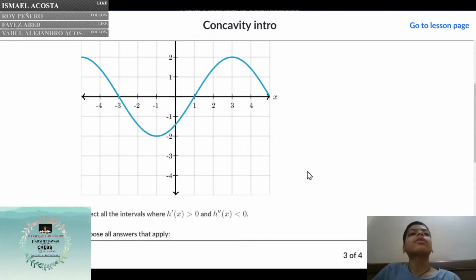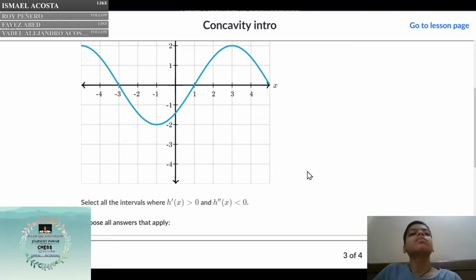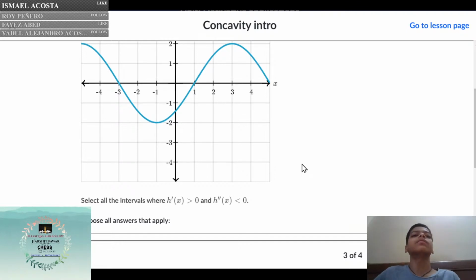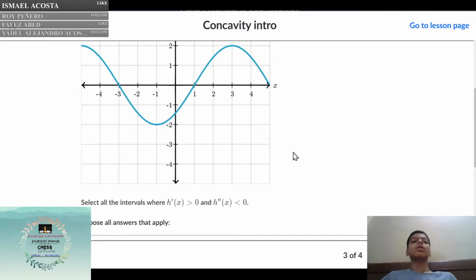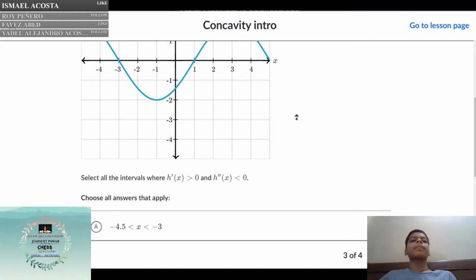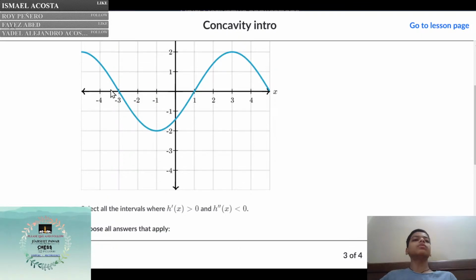Function h is graphed below. Select all the intervals where h prime of x is increasing and h prime prime of x is negative. Select all the intervals for answers that apply. Negative 4.5 to negative 3. From here to here we are decreasing, and our slope is increasing after the second derivative.